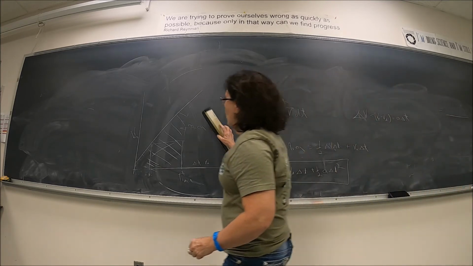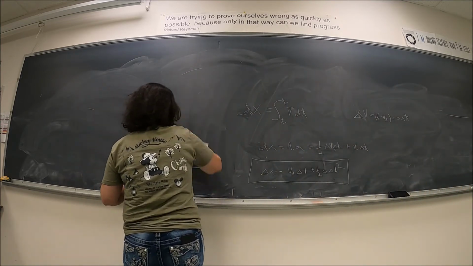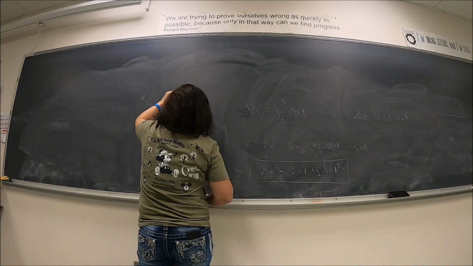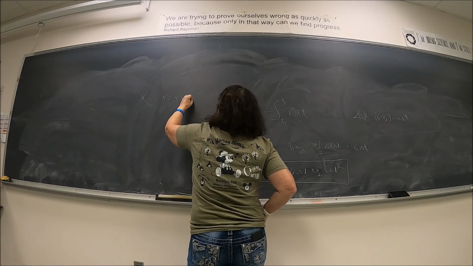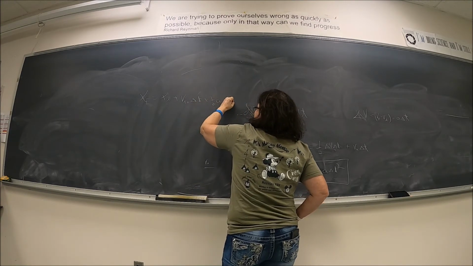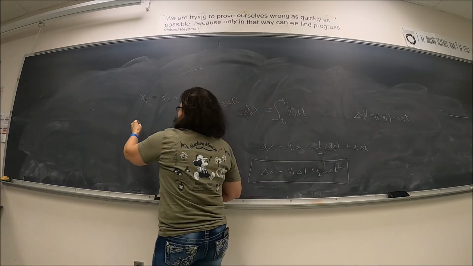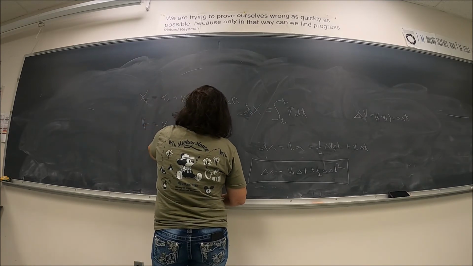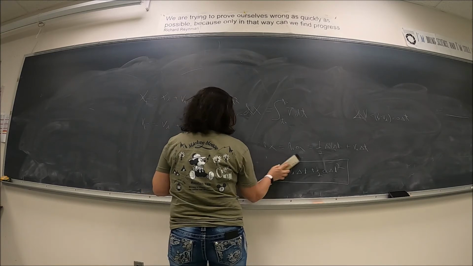So if we want to take it one step further, I can say that x final is going to equal x initial plus v initial x delta t plus 1/2 a x delta t squared. And I know, of course, v final equals v initial plus a delta t.